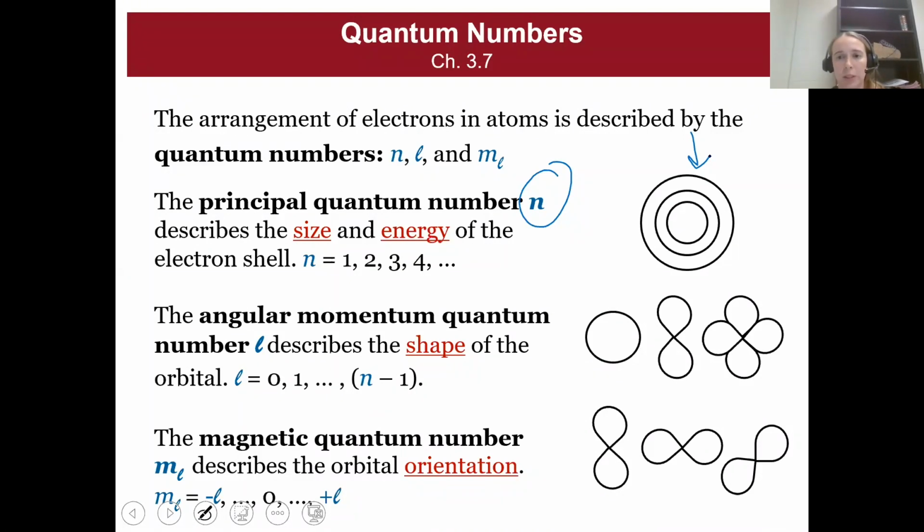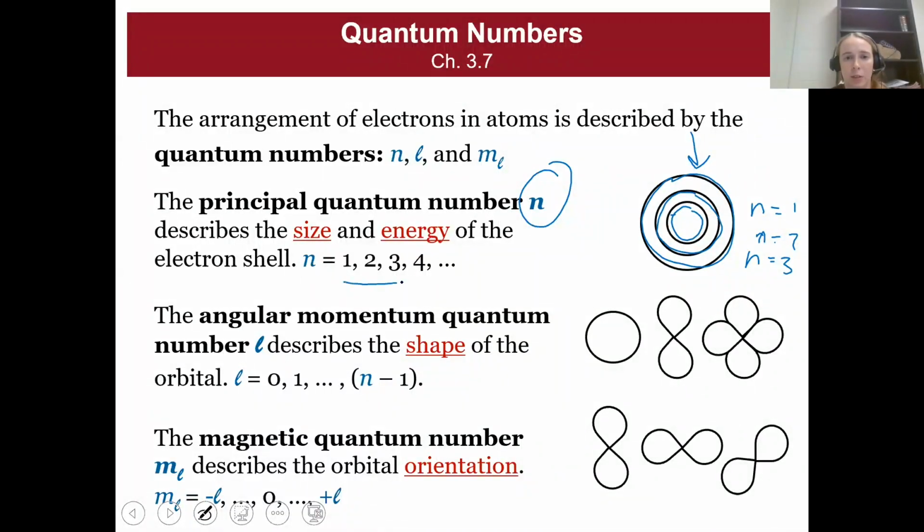And that's all that we're seeing here. So this inner circle is n equals 1. This outer circle is n equals 2. And this furthest, biggest circle is n equals 3. So it's getting bigger the higher the value of n.